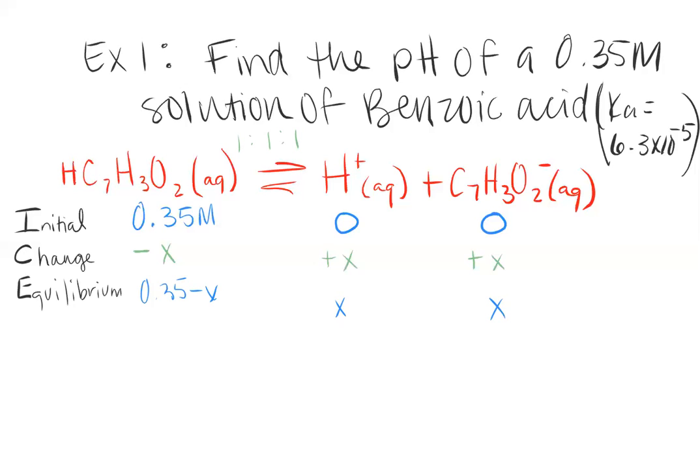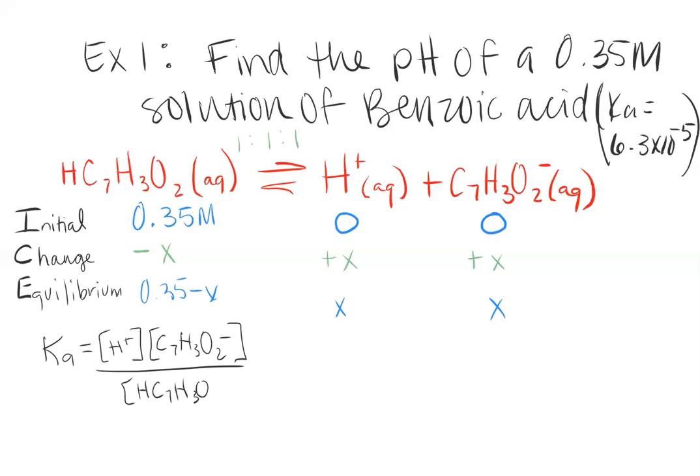Okay, so for our next step, we are going to write a Ka expression, which you guys have already been doing. So we know that a Ka expression for an acid in general is our products over reactant. So it's going to be H plus for this particular reaction times the concentration of C7H3O2 negative divided by the concentration of HC7H3O2.